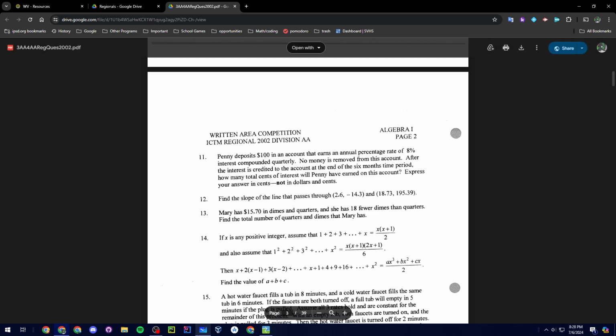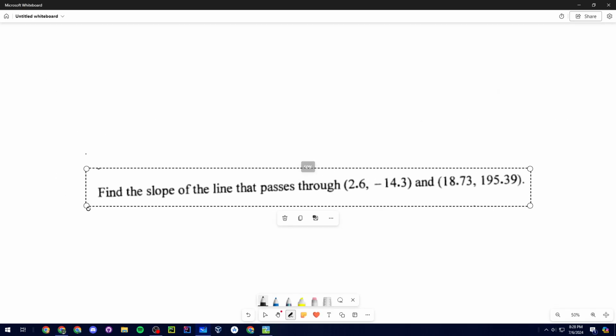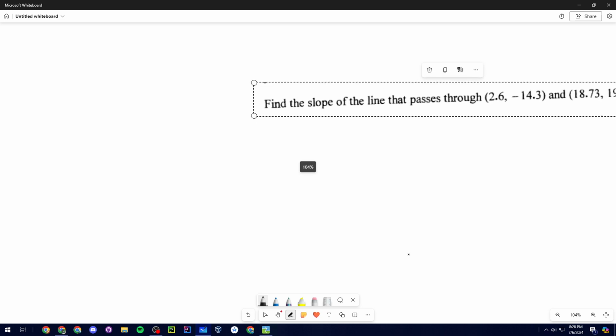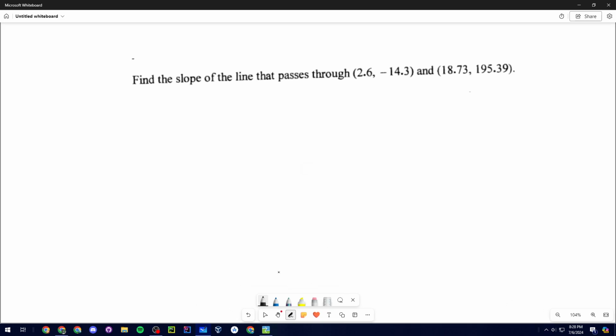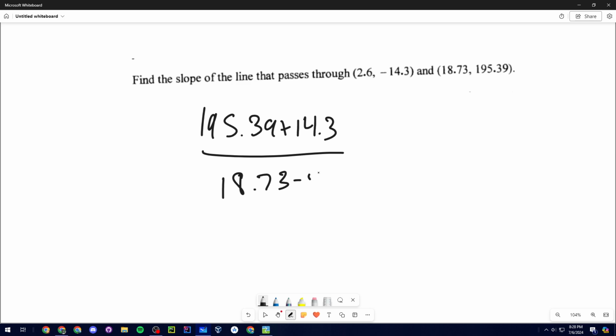Okay, actually, I know how to do this without even needing to do work. There's a program to do this as well, but I guess I'll just show rise over run. 195.39 plus 14.3, because of the negative, over 18.73 minus 2.6. That is equal to 13.